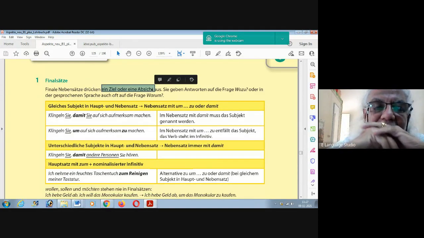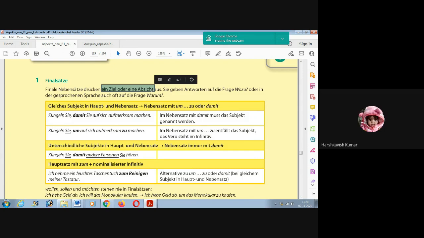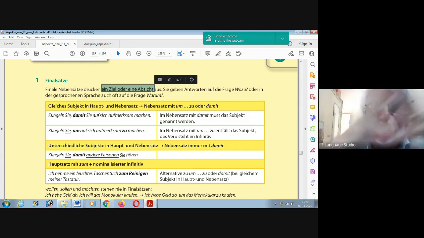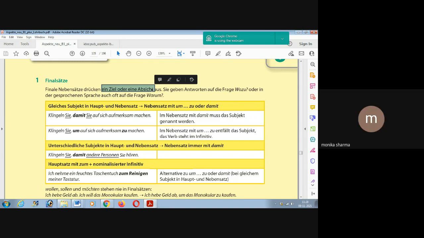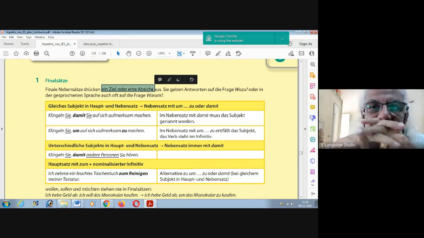ein Ziel oder Absicht. Ich will nach Deutschland fahren. What does it mean? I want to. So is that not an intention or an objective? Yes, sir. Stimmt? Warum lernen Sie Deutsch? Weil ich in Deutschland studieren will.